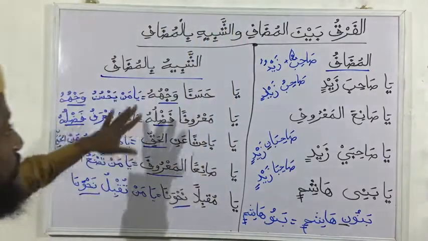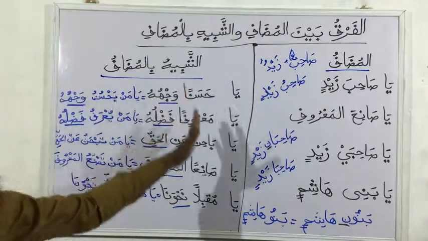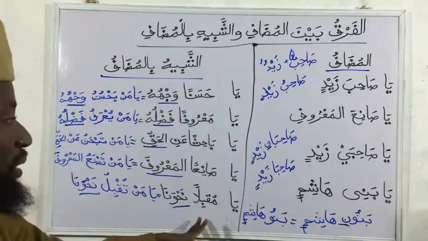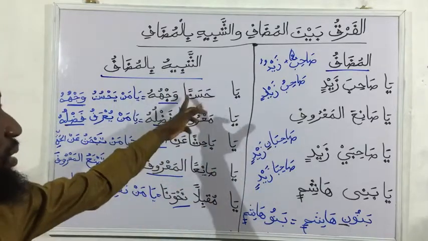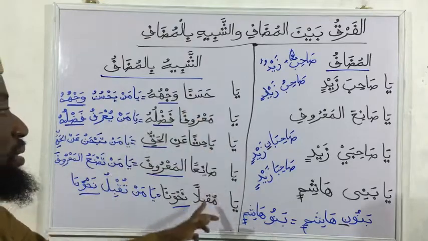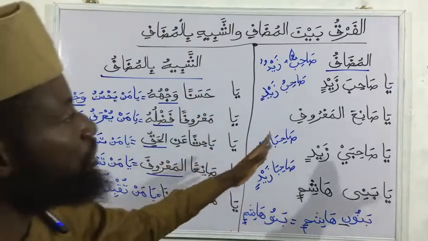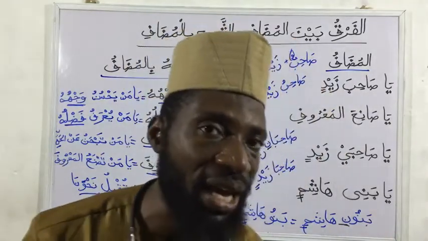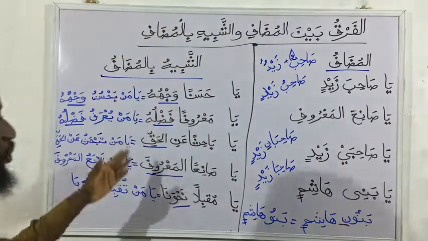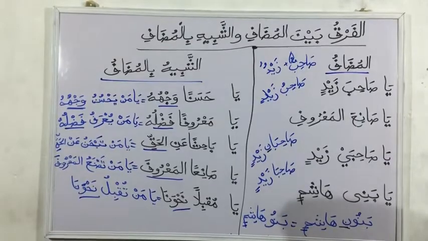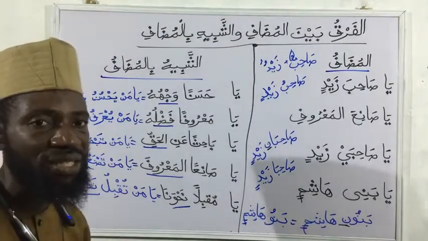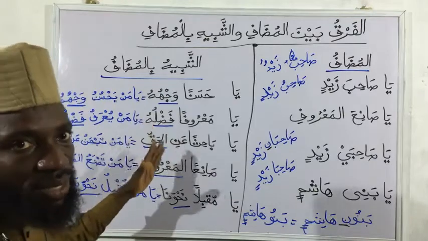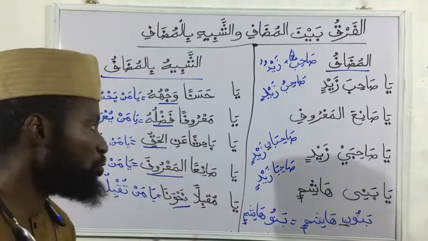But for shabihu bil mudaf, the tanwin or the athar of tanwin will always stay. They will not be lost. The second is that what comes after your mudaf will always be majrur. But for shabihu bil mudaf, what comes after it can be in any i'rab state, depending on your construction.